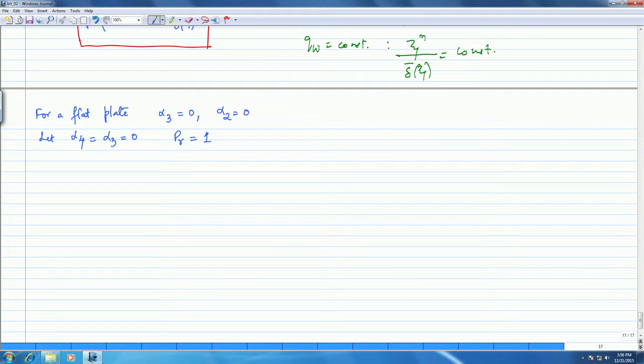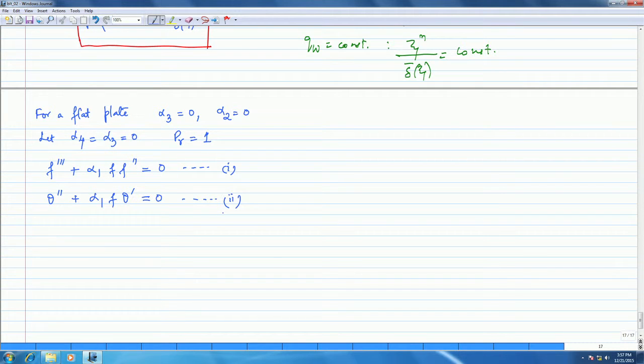Equation 4 basically becomes f triple dash plus alpha 1 f f double dash is equal to 0, and equation 11 becomes theta double dash plus alpha 1 f theta dash is equal to 0.